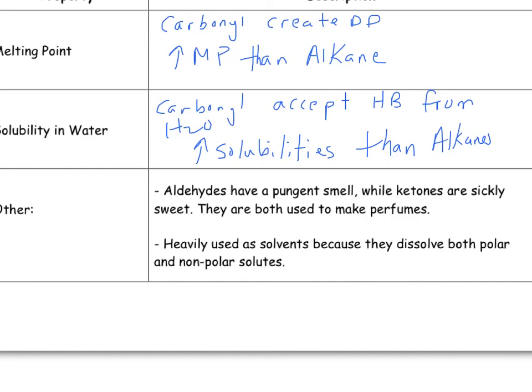The main components of male colognes are aldehydes, whereas the main components of female perfumes are ketones. Both aldehydes and ketones are heavily used as solvents because they can dissolve both polar and nonpolar solutes. They have a nonpolar hydrocarbon end and a polar functional group that is not so polar that it would repel anything that is nonpolar.